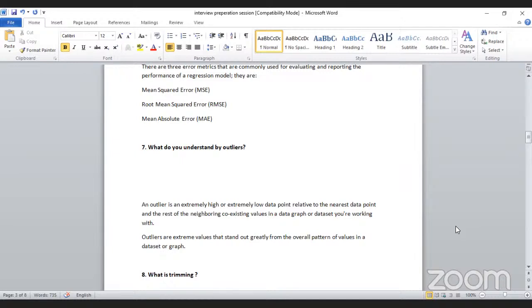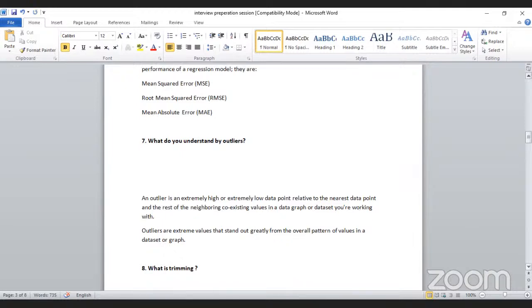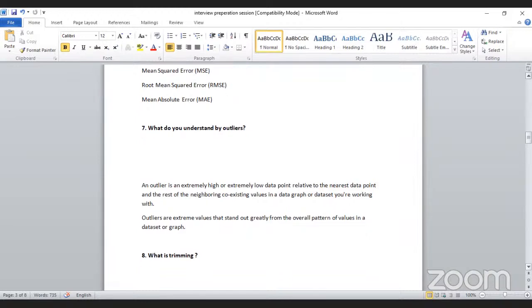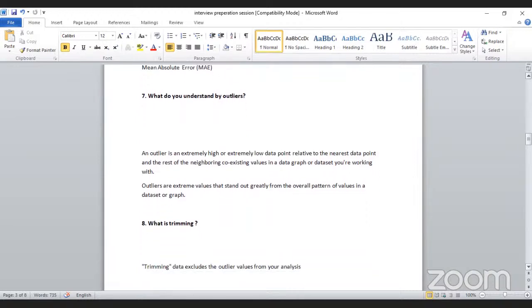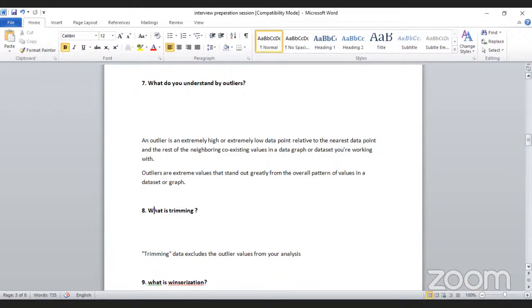So now the question is, what is trimming? Okay. So trimming is trimming data excludes the outlier values from your analysis.